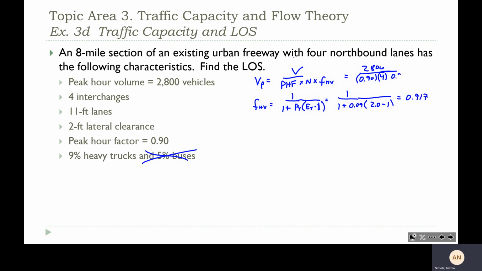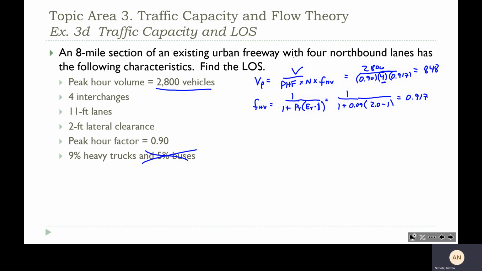Whatever that calculation is will be our FHV that we plug into the equation up above. So then 0.917 will bring up here, and that will give us our VP. This 2,800 vehicles was for all 4 lanes. We've now divided by 4.